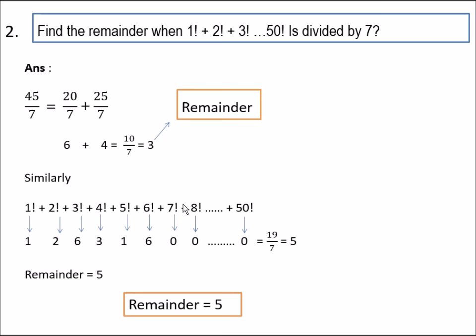Since 7 factorial is equal to 1 into 2 into 3 into 4 into 5 into 6 into 7, at the end it is 7, so 7 is cancelled by 7, so the remainder is 0. For all the higher factorial numbers, the remainder is 0. Now if you add all the remainders, which gives 19, and again the remainder is 5. So when this sum is divided by 7, the remainder is equal to 5.